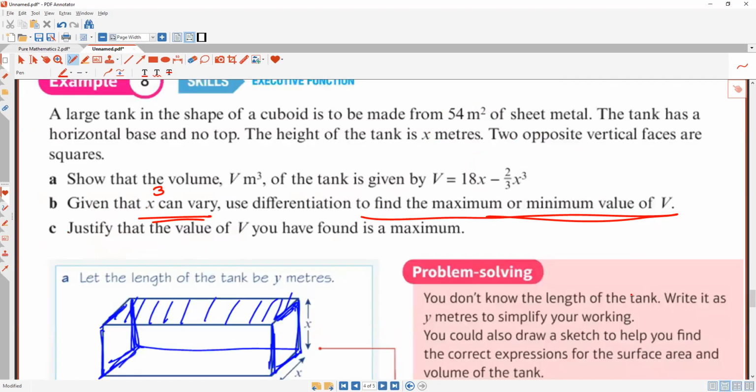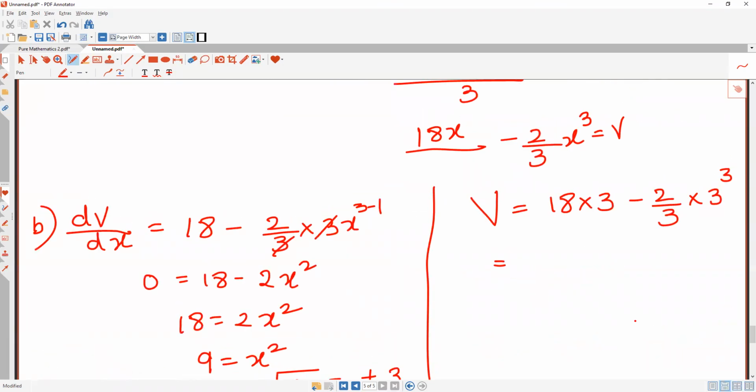So for the maximum and minimum value of v, I have to take the main equation, which is 18x minus 2 by 3 x cube. Now 18 into 3 is 54, minus 2 by 3 multiplied by 3 cube, that is 18. 54 minus 18 is 36.